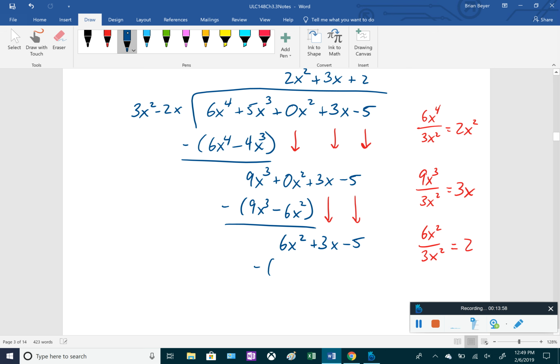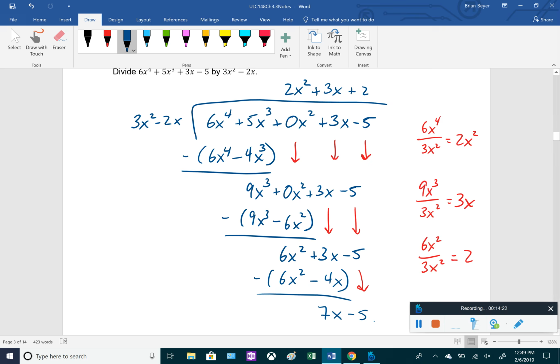Multiply that through and we get 6x squared minus 4x. Subtract: 3 minus negative 4, 7x. Bring down that 5, that's going to be part of the remainder. So we know we're done here because the degree of that remainder is degree 1 and the degree of the divisor was degree 2.